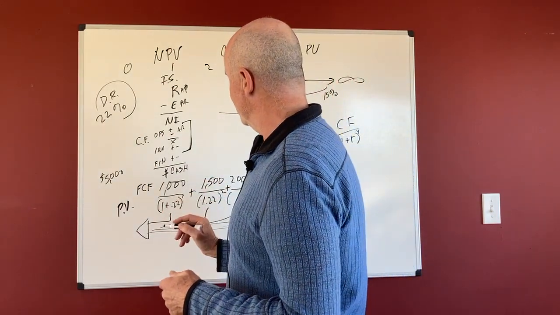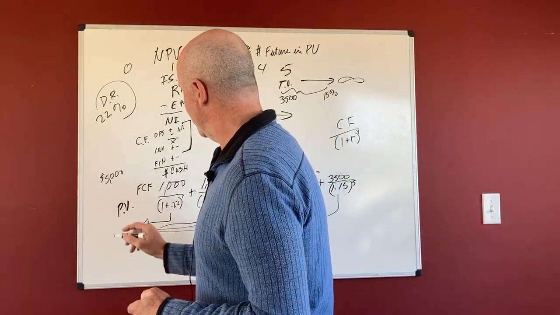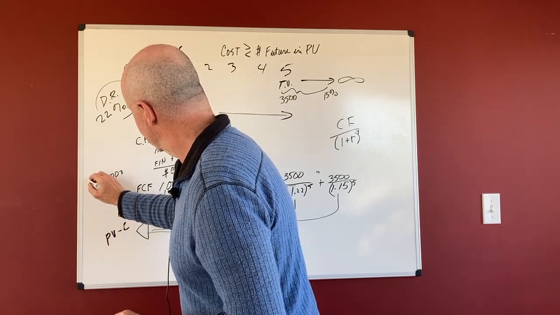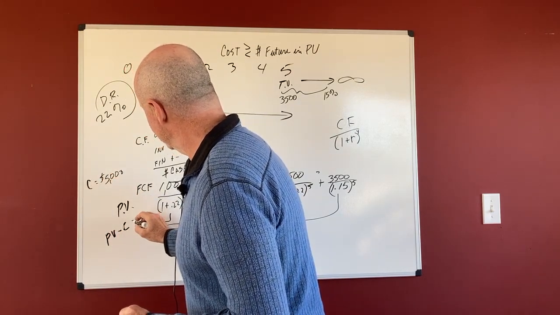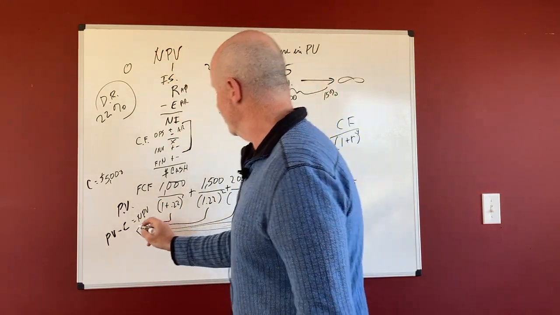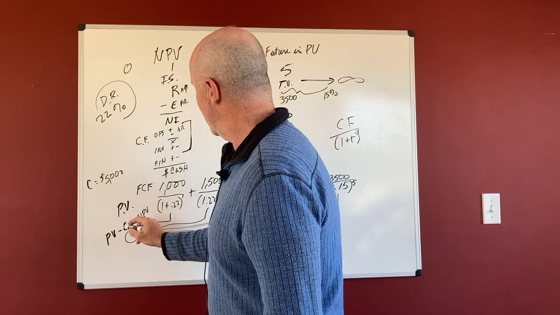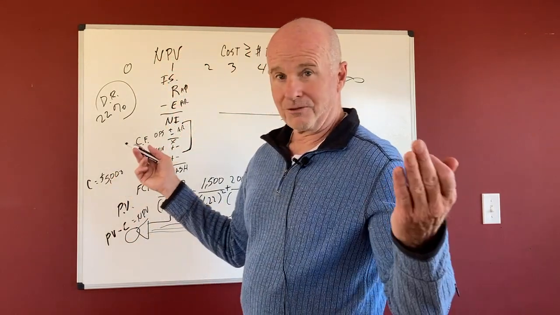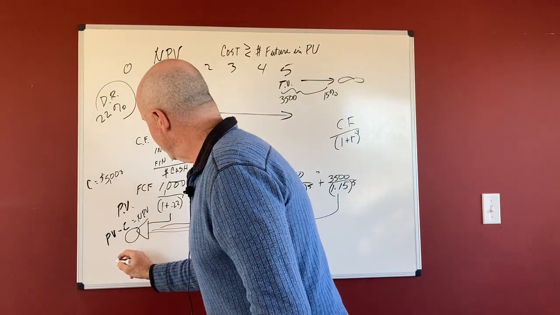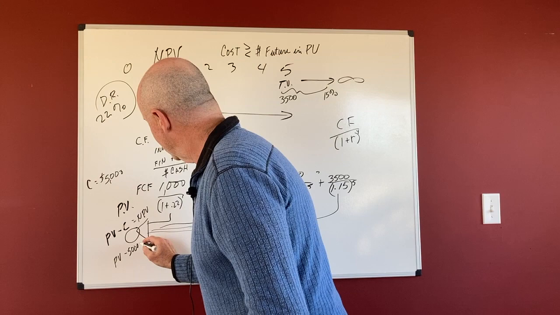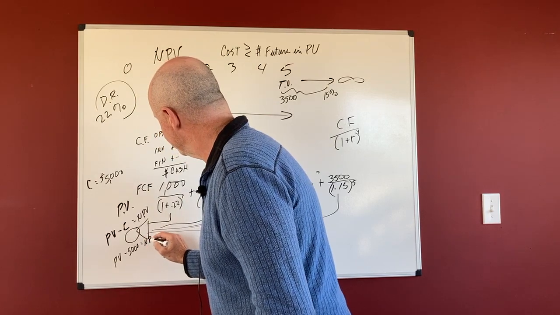So then what we're going to do is take this PV minus the cost, right? The present value minus the cost equals that, and that's going to equal the net present value, right? So when we get this number for all these guys minus the 5,000, right? So we know what the cost is. It's 5,000. So it would be whatever PV is minus 5,000 equals NPV.